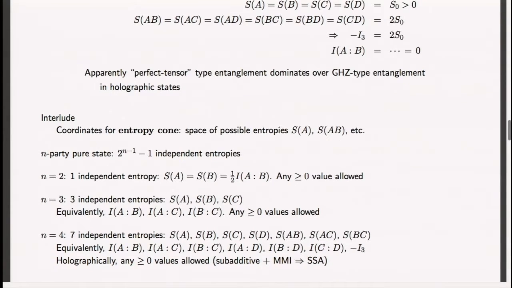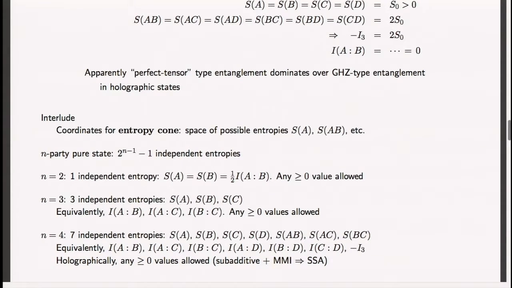No, there's no simple way. We have a set of linear inequalities which carve out a cone in the space of entropies. So we have this 7-dimensional space, and then there's a cone which is carved out by all of the inequalities.